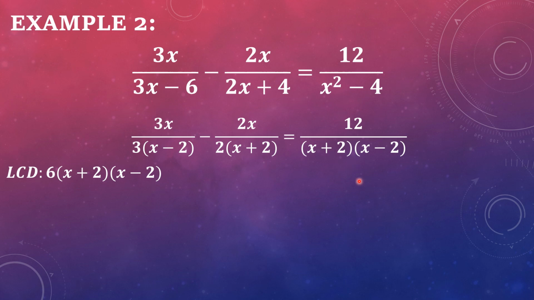Okay, we do the same process: LCD divided by the denominator times the numerator. Let's have first this one.